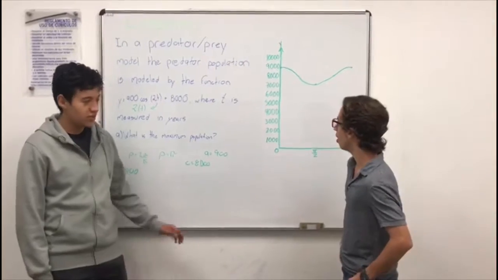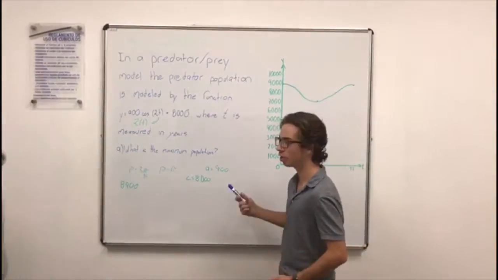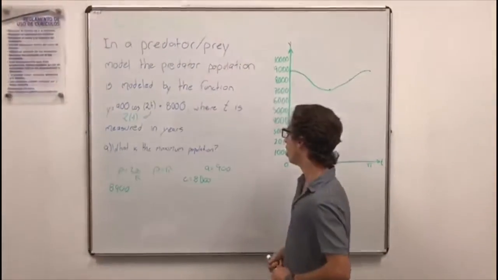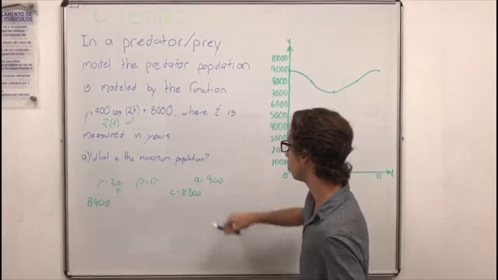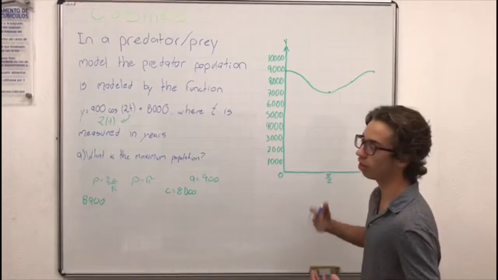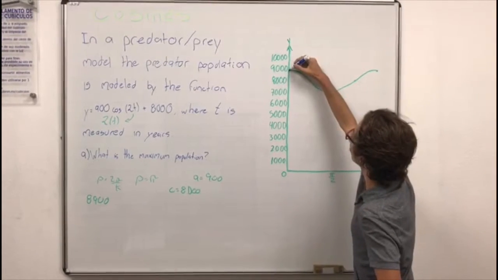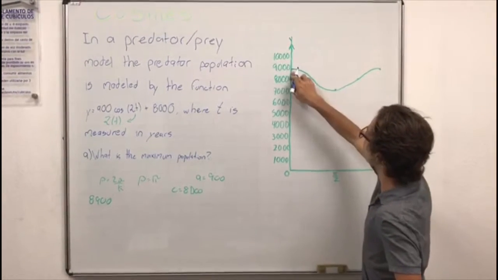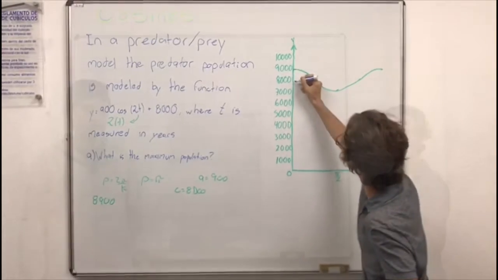Thank you, partner. So now, given this information, we have A equals 900, where A is the amplitude, which is, in a nutshell, the distance between this point in here and this point.